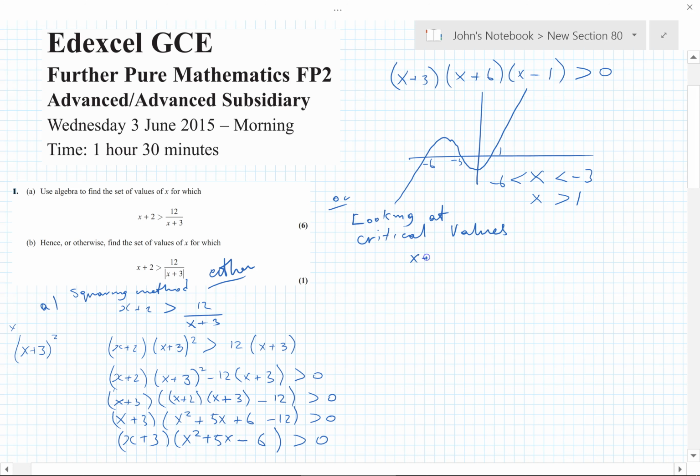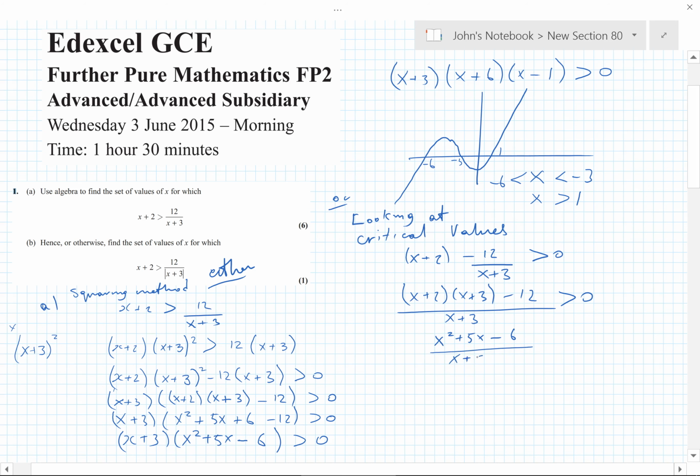So if we rearrange this, we get x plus 2 minus 12 over x plus 3 is greater than 0. Then x plus 2 times x plus 3 minus 12 over x plus 3 is greater than 0. And then multiplying out the top, I get x squared plus 5x minus 6 over x plus 3 is greater than 0. You might notice a similarity with the form of some of these.